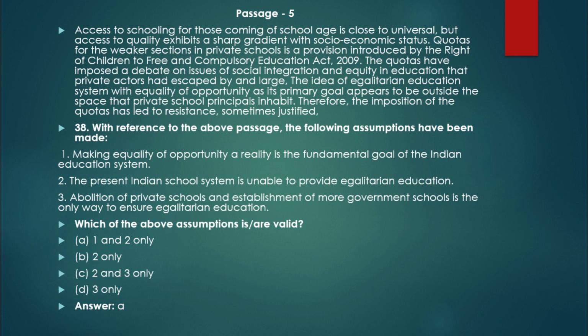Next, passage 5. Access to schooling for those coming of school age is close to universal, but access to quality exhibits a sharp gradient with socio-economic status. Quotas for the weaker section in private schools is a provision introduced by the Right of Children to Free and Compulsory Education Act 2009.